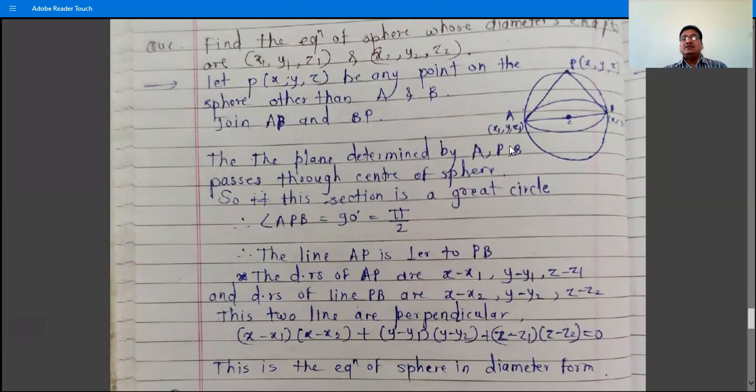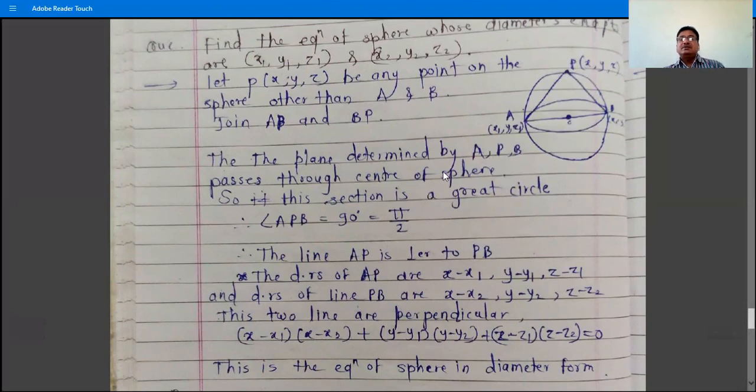And the section of this sphere by this plane APB is a great circle. Great circle means the largest circle. Its center is C; the center of the sphere is the center of the circle.